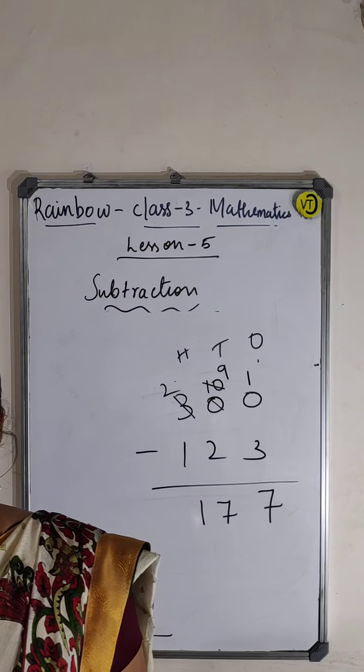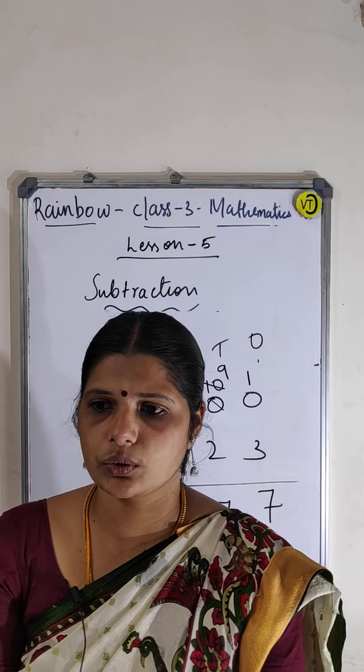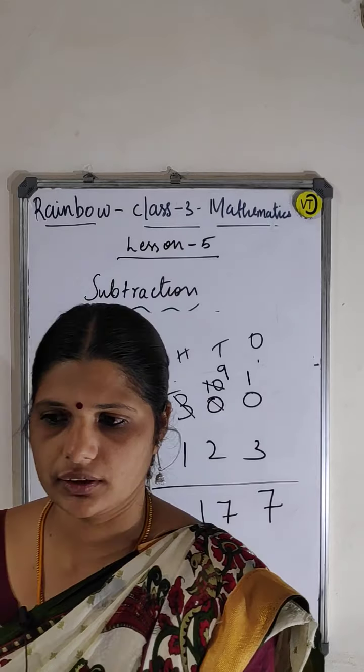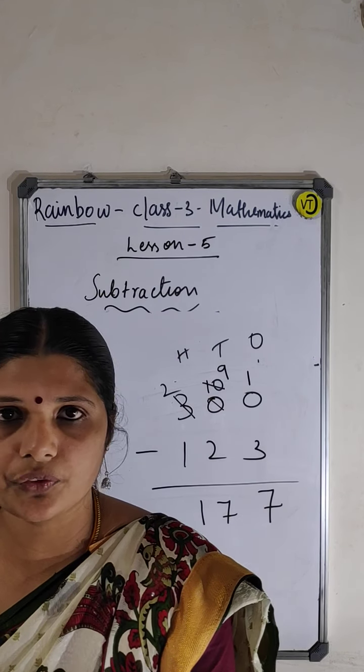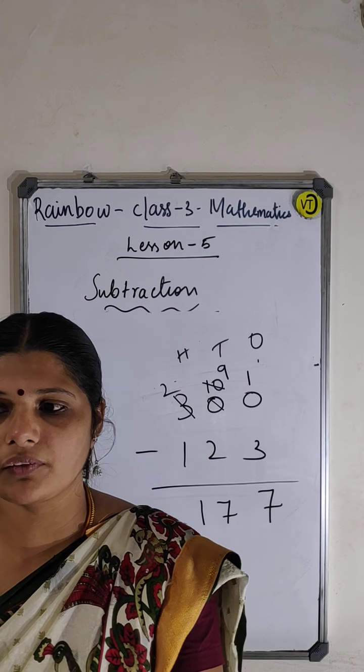Okay, one more word problem I will read. A fruit seller sold 5,276 fruits in January. He sold 8,325 fruits in February. How many more fruits did he sell in February?